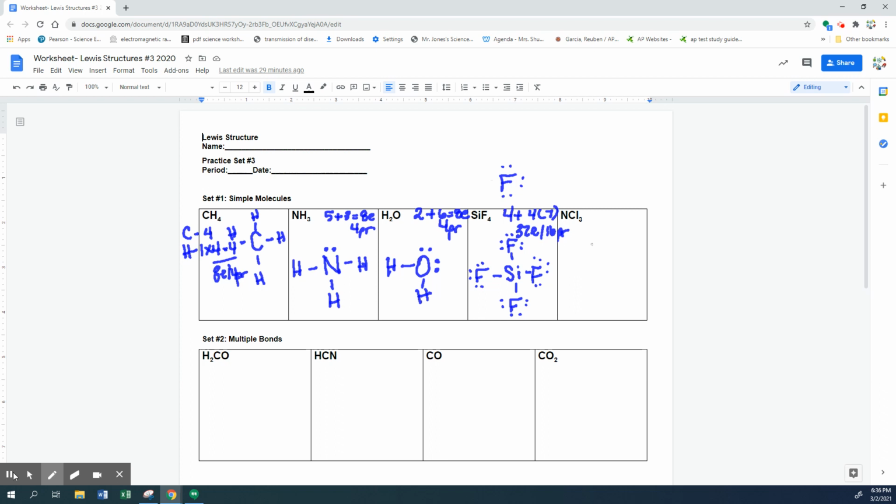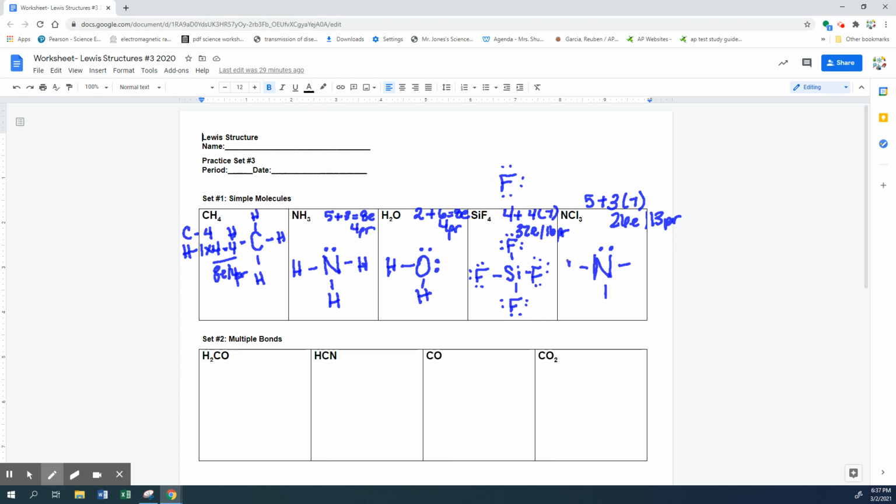Next, we have NCl3. So N has 5 valence electrons plus chlorine has 7, but there are 3 of them, so that's 26 electrons or 13 pairs. Our odd man goes in the center, so N goes in the center, and because it has 5 valence electrons, it has 1 unshared pair and 3 bonds.